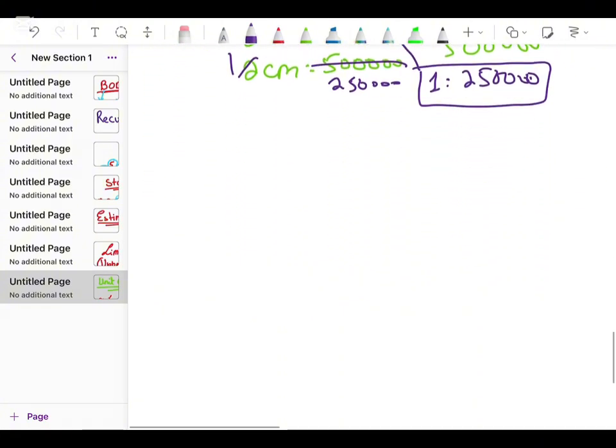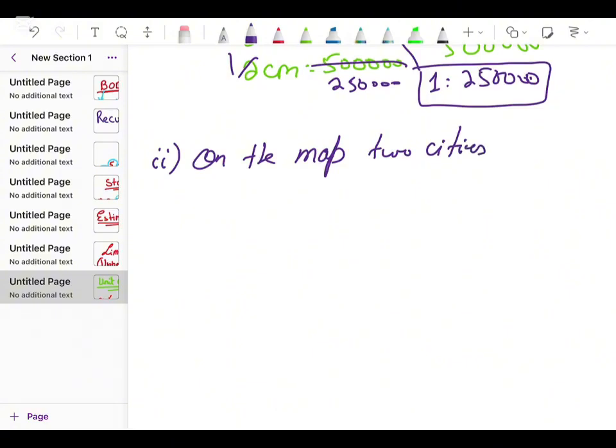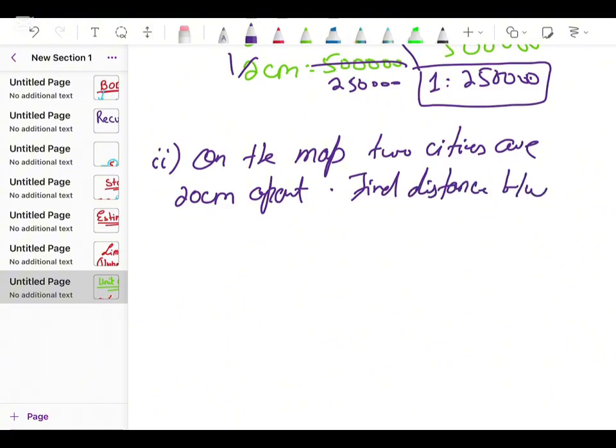Now we will see one more part. On the map, two cities are 20 centimeter apart. Find the distance between both in kilometer.